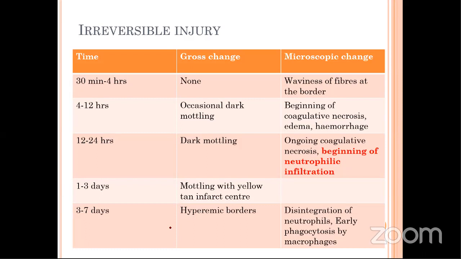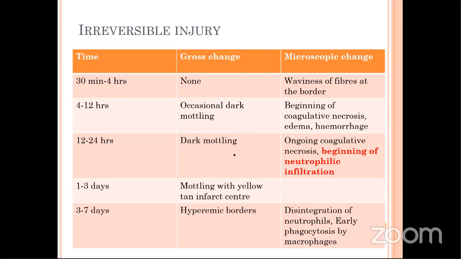From 4 to 12 hours, grossly you see dark mottling of the muscle, and microscopically you see just beginning of coagulative necrosis, edema, and hemorrhage. 12 to 24 hours, here now dark mottling becomes prominent, and in the microscopy you see neutrophils begin to infiltrate.